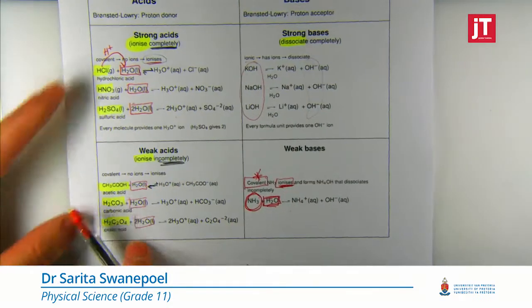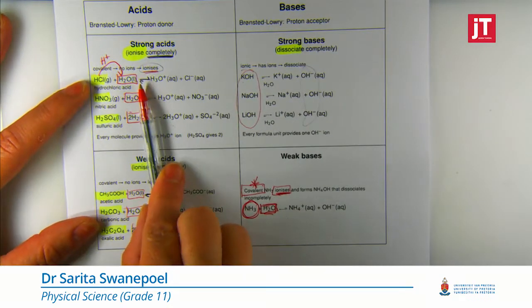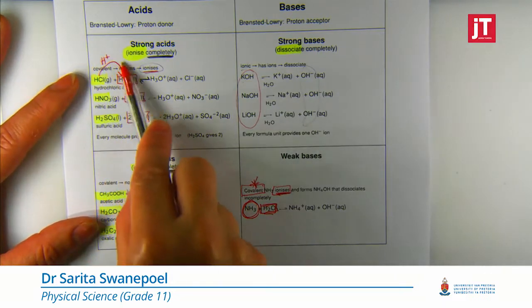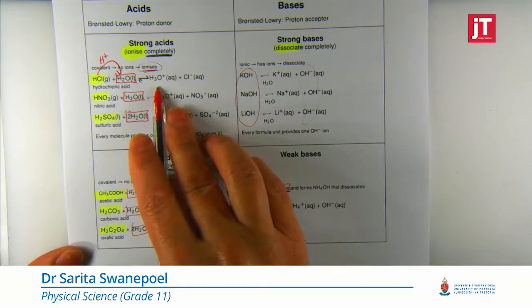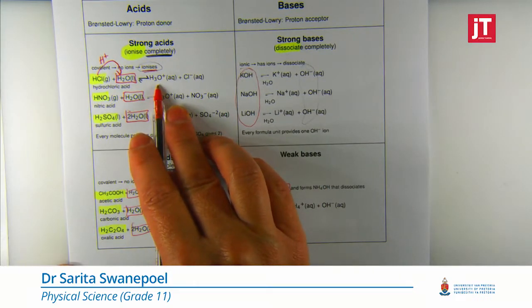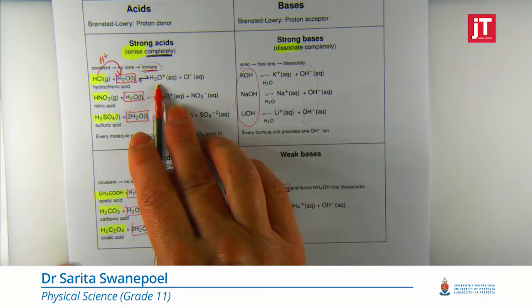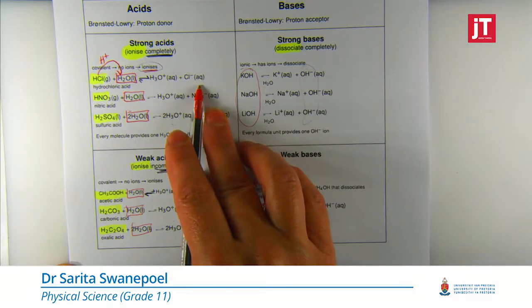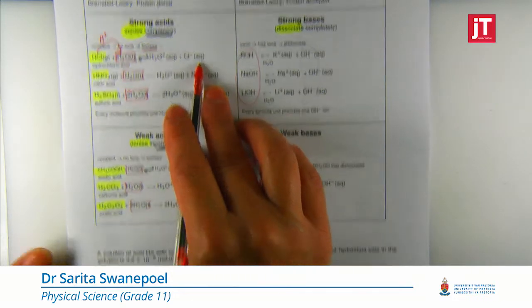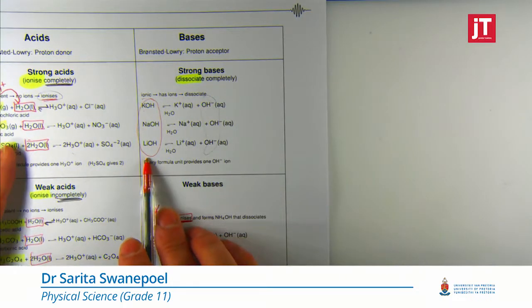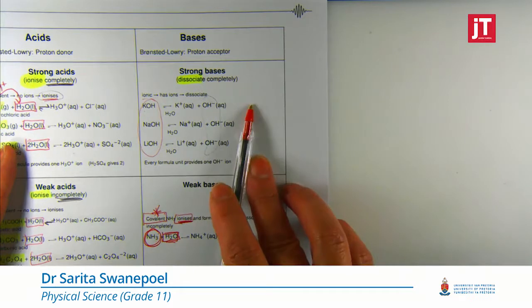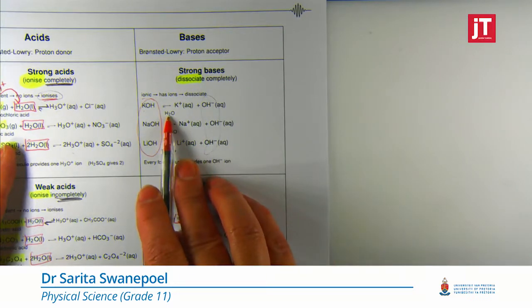If it's an acid, you have to write the water in. You have to do a proton transfer, right, an H transfer, and you will end up with the hydronium ion, always with an acid, right? And whatever is left of your acid, the negative part. When you look at a base, if it's a strong base, it needs to react completely, but it does not react with the water.